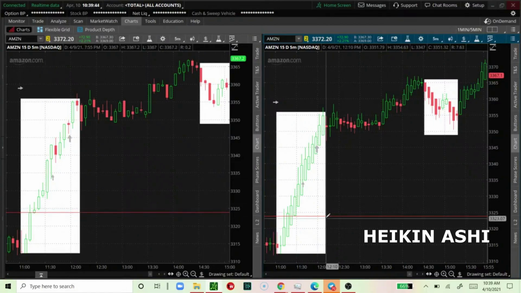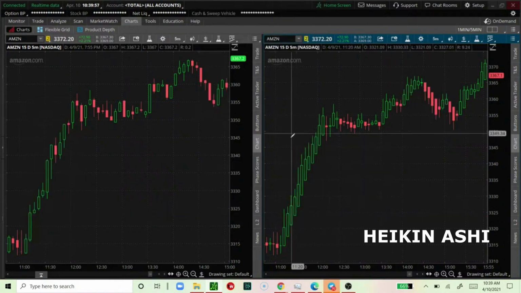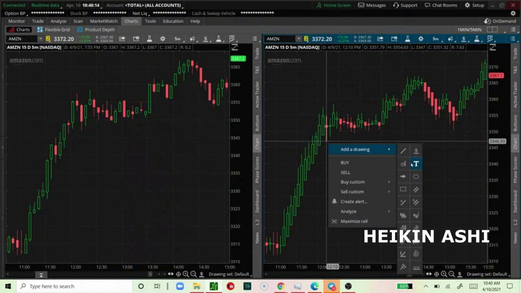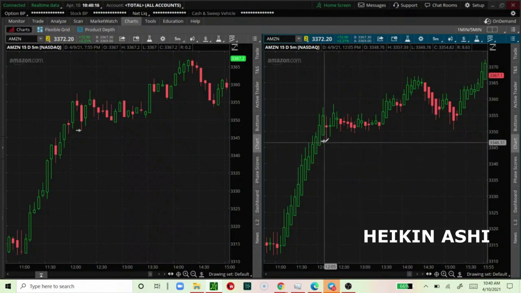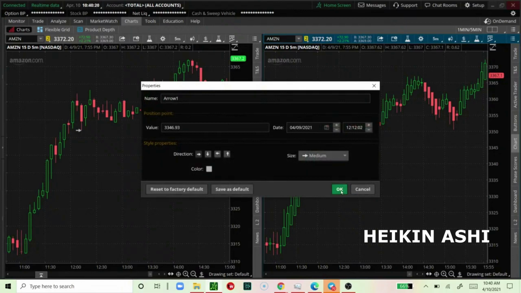Okay, but our HEIKEN ASHI candlesticks show us that it's a good time to get in because the upper wicks are still very, very long, and that means the trend is going to keep going until we get to this here, and then it's time to get out because, hey guys, you can see the color changed.